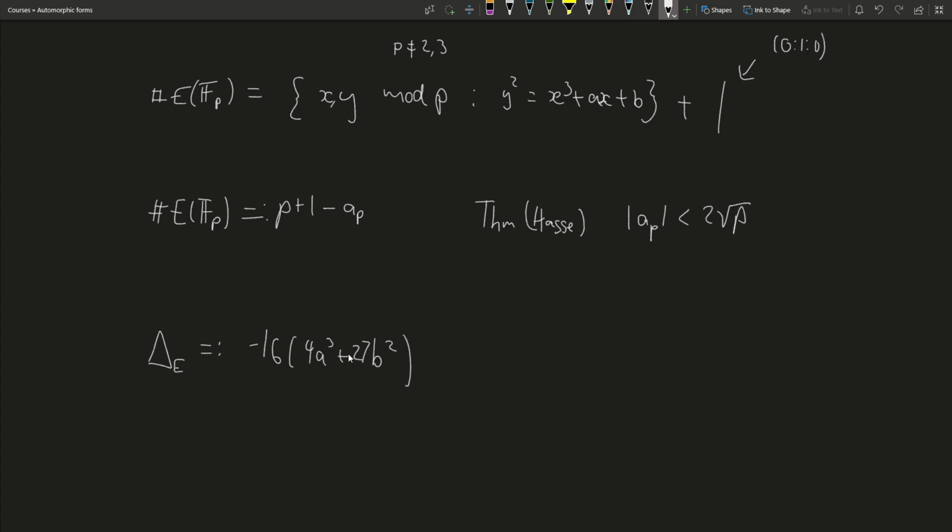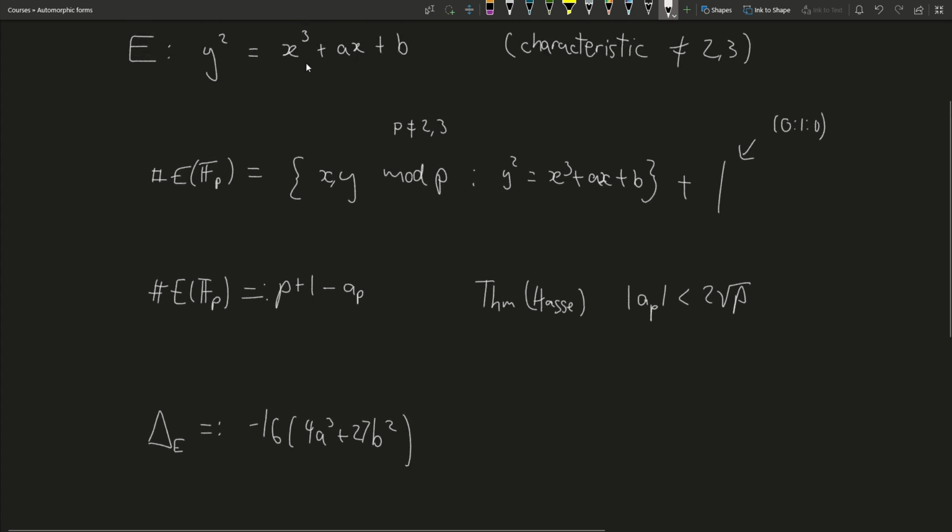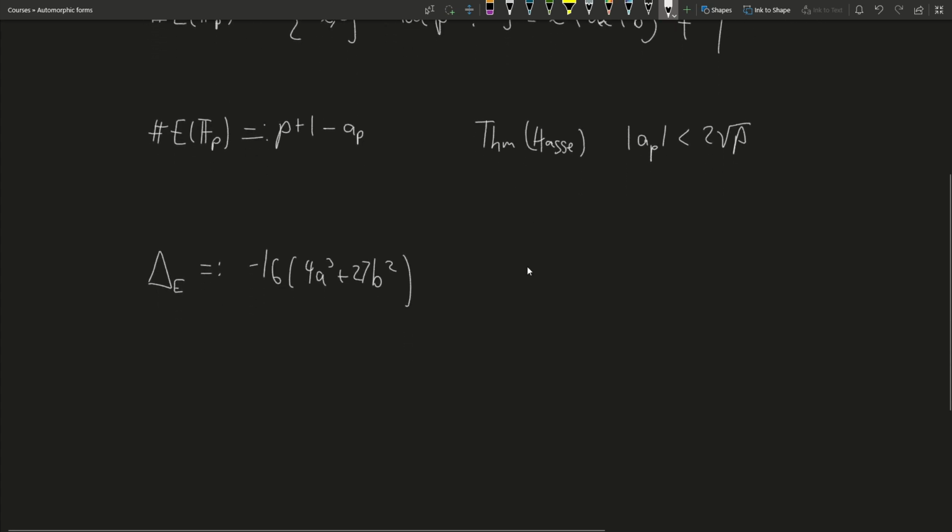This is essentially the polynomial discriminant of this right-hand side. And when p divides your discriminant, you have what's called bad reduction. And otherwise, you're said to have good reduction.